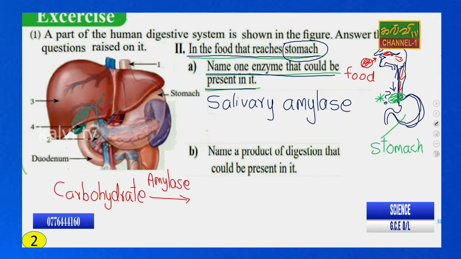It is converted into maltose, right? Maltose. Therefore, we can write the answer, that is maltose. What is that? Maltose.